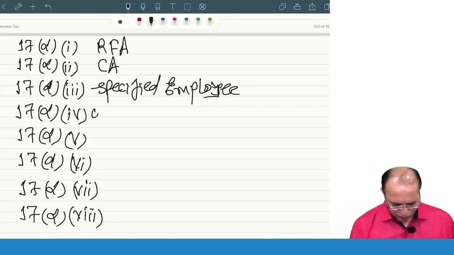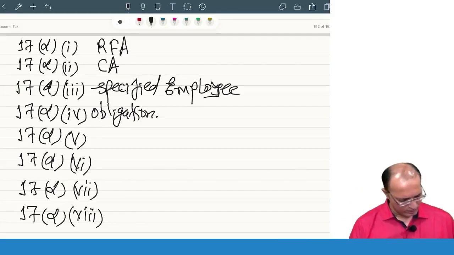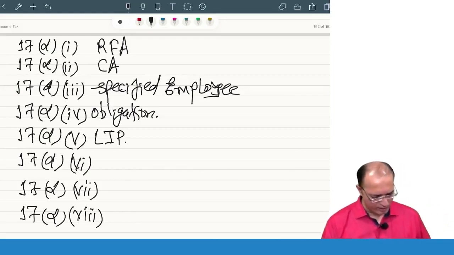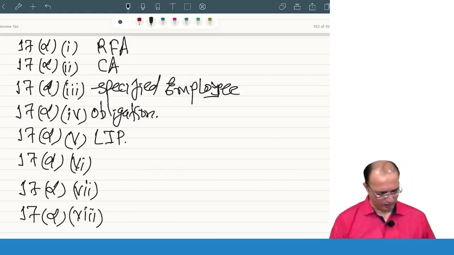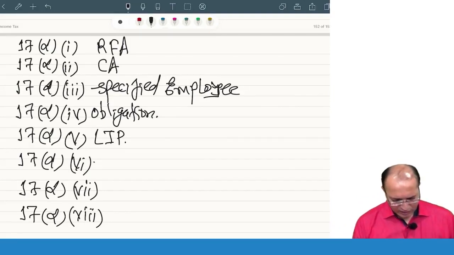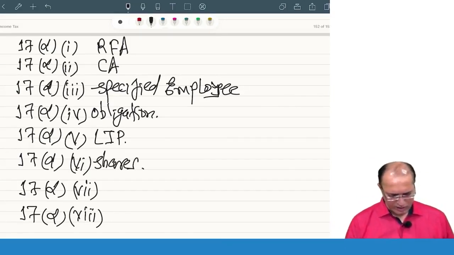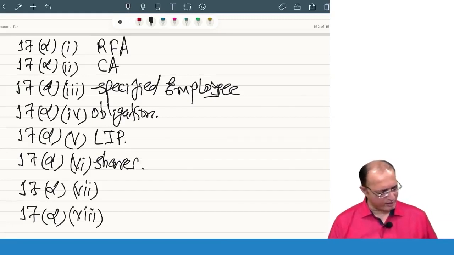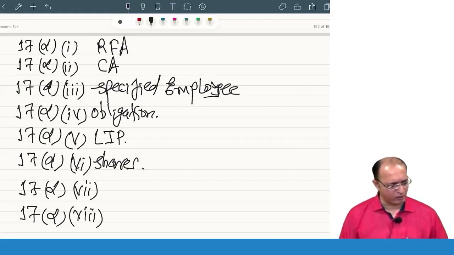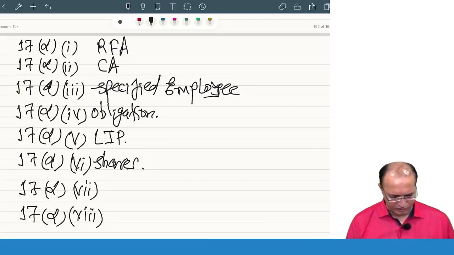Point number 4, obligation of employee met by employer. Point number 5, life insurance premium of employee paid or payable by employer. Point number 6, shares or securities issued by employer, allotted by employer to employee either free of cost or at concessional rate.